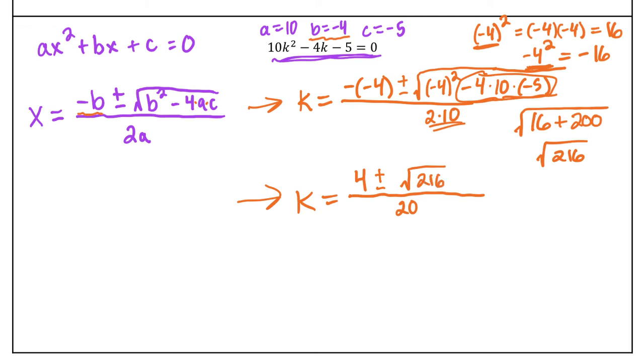If we can, we're going to simplify this square root like what we learned how to do just last week probably, which is look for things inside of 216 that are perfect squares. I'm pretty confident that 4 goes in 54 times. For 54, that goes in 9 and 6.